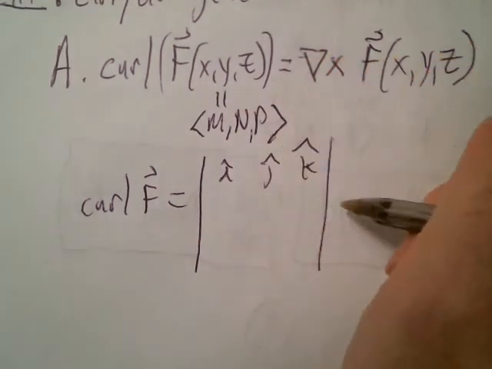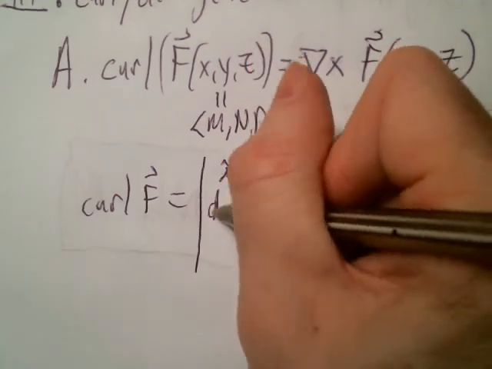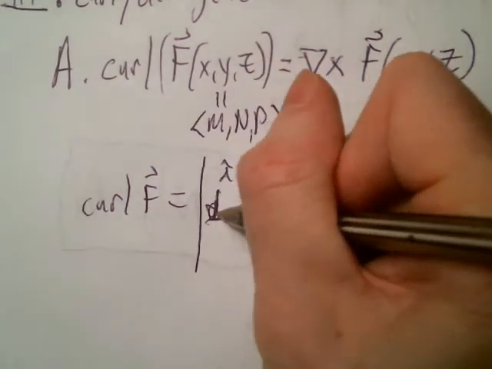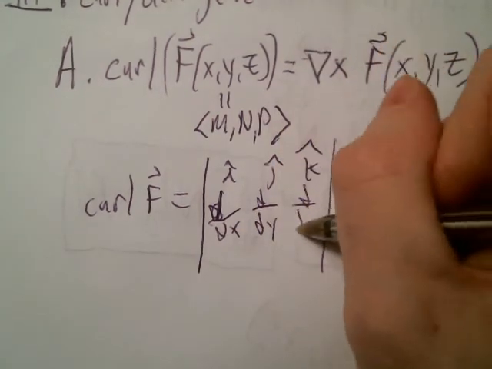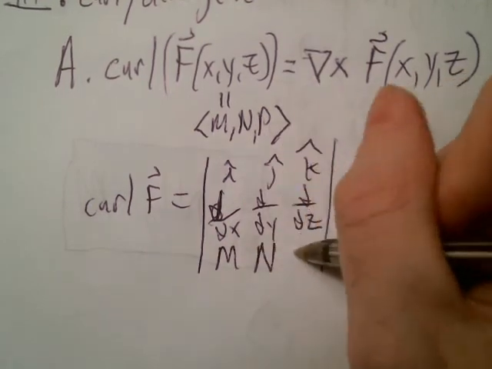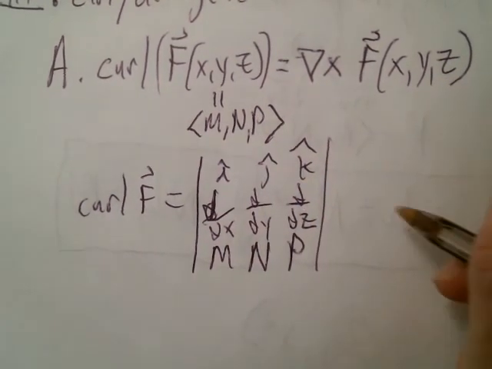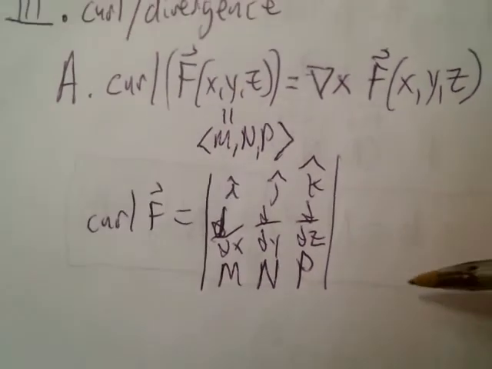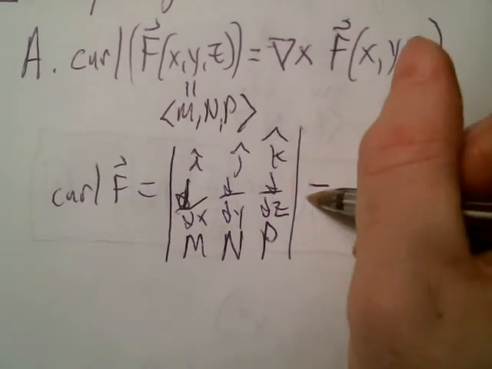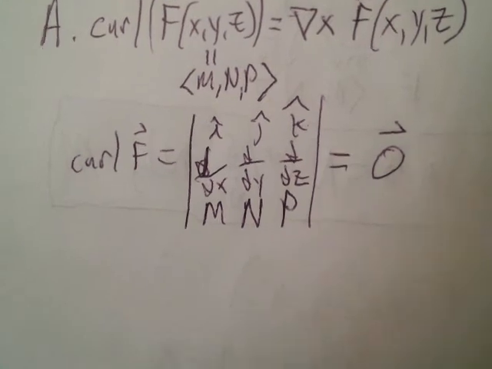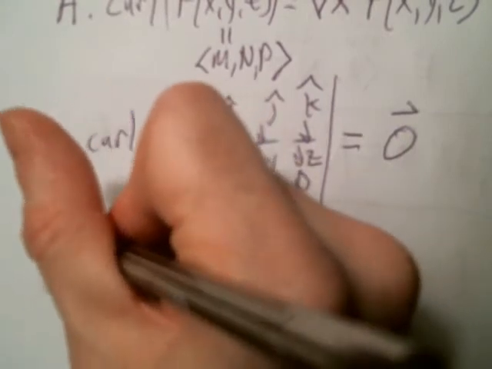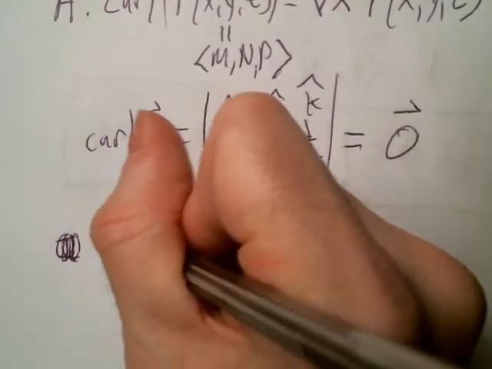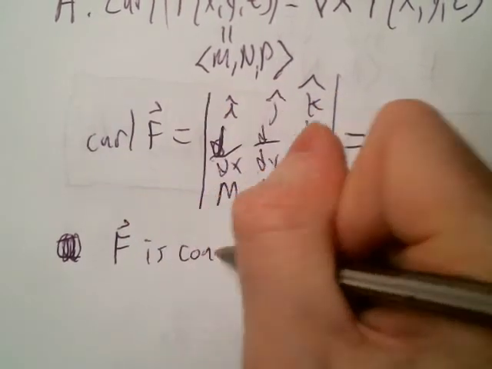So we would have the partial derivative with respect to x, then the partial derivative with respect to y, partial derivative with respect to z, of M, N, and P. You'll get a vector out. In particular, if the curl of this thing equals the 0 vector, then it's conservative. And I think it's an if and only if, so let's put it: f is conservative.